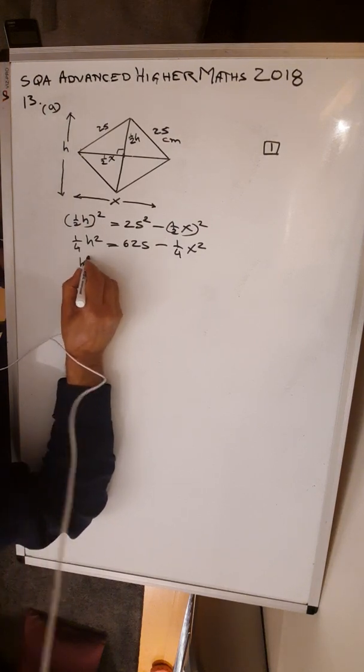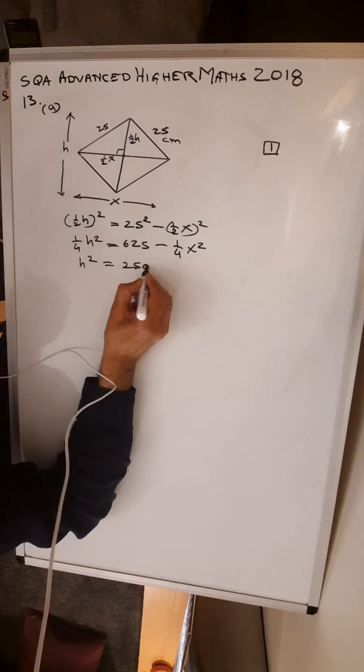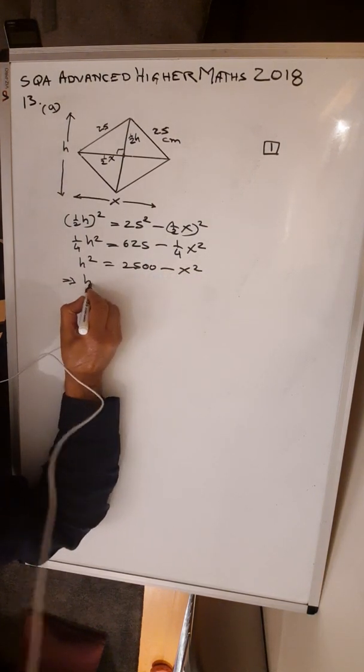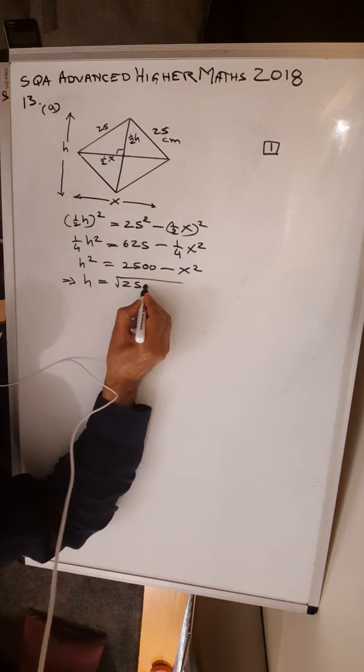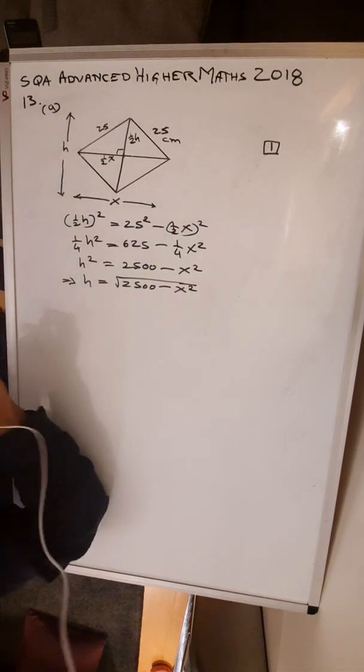So h squared, you multiply everything by 4, h squared is equal to 2500 minus x squared, which implies that h is equal to the square root of 2500 minus x squared, as required for 1 mark.